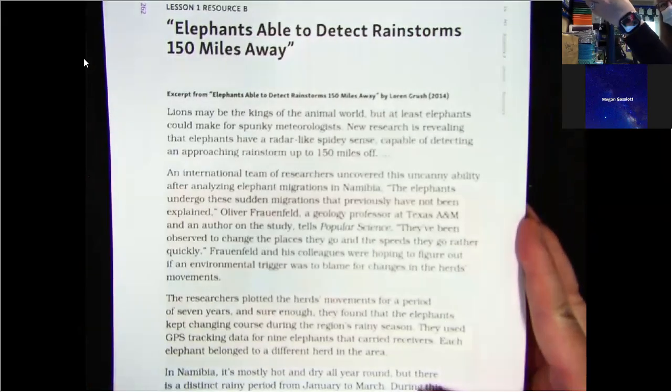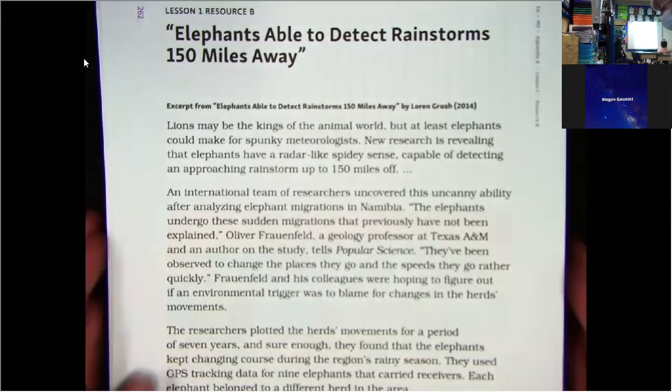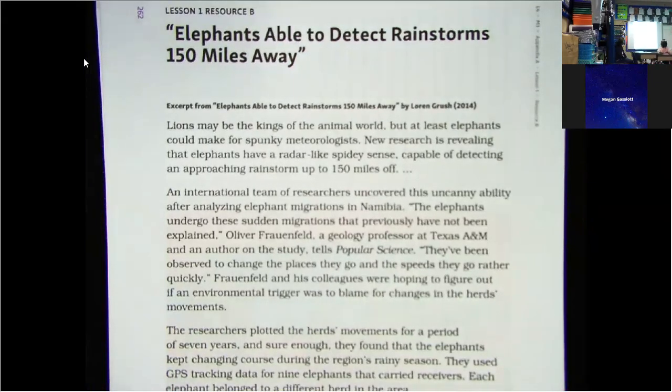Look at the title of this article. So let me look up a city that's 150 miles away. Okay, so everybody look up the title of that article.